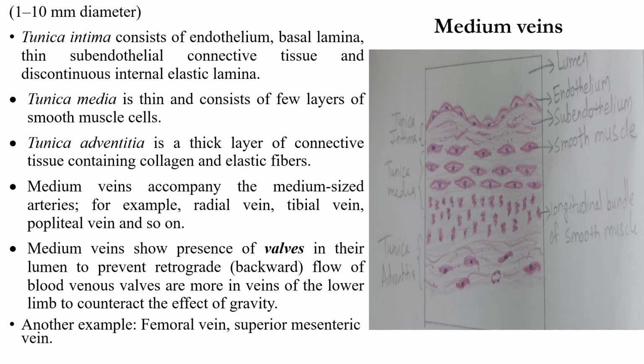So these valves are very important and prominent in the lower limbs. Examples of medium sized veins are femoral vein, superior mesenteric vein, tibial vein, popliteal vein.